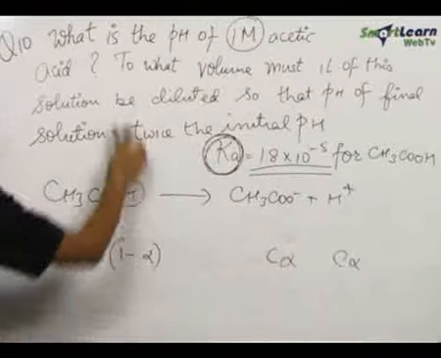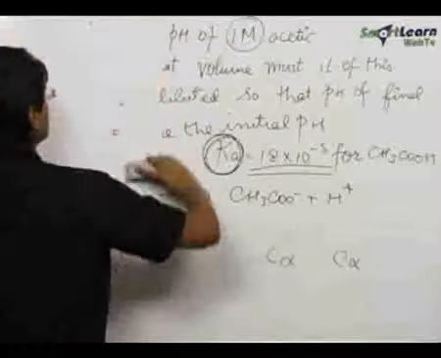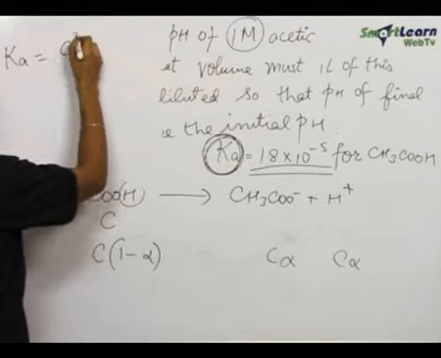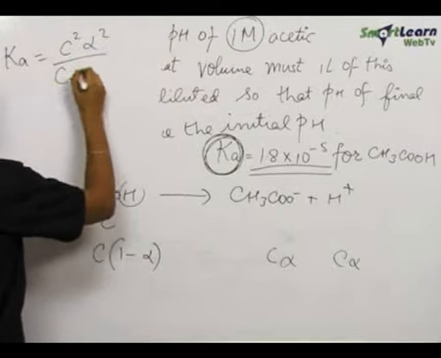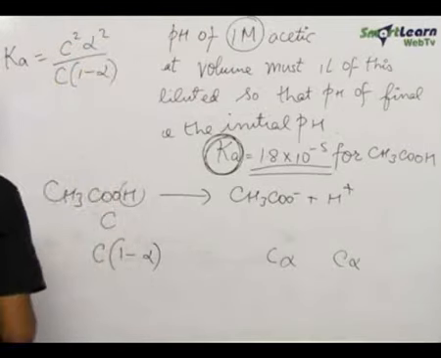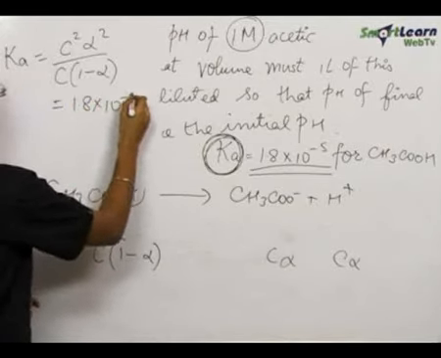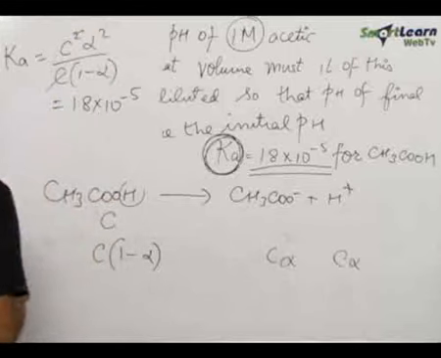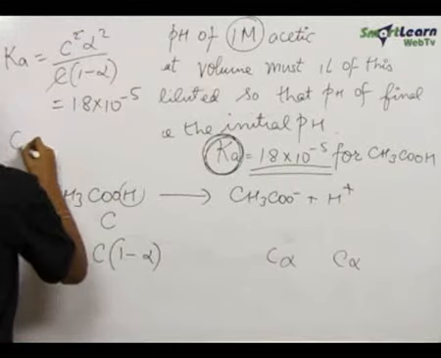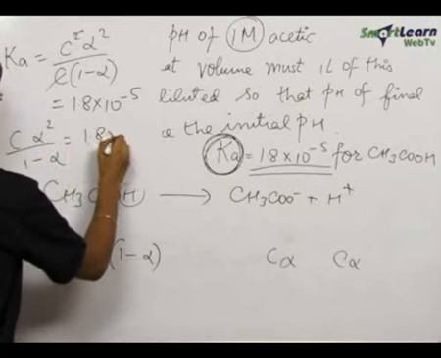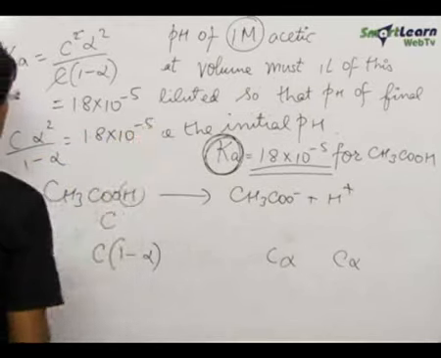So for this reaction we can write the value of Ka to be equal to C^2 alpha^2 upon C(1 - alpha), and this is given to be equal to 1.8 × 10^-5. This becomes C alpha^2 upon (1 - alpha) equal to 1.8 × 10^-5.